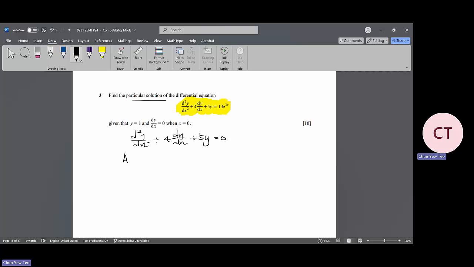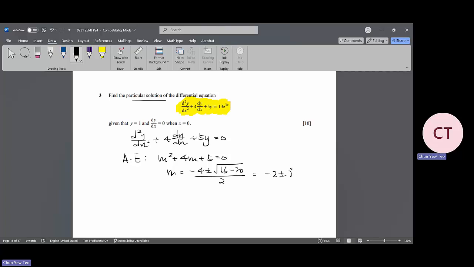Then we convert it to the auxiliary equation, AE. You get m squared plus 4m plus 5 equal to 0. Solve the quadratic equation by using the quadratic formula, negative b plus minus the square root of b squared minus 4ac, divided by 2a. Then you get negative 2 plus minus i.